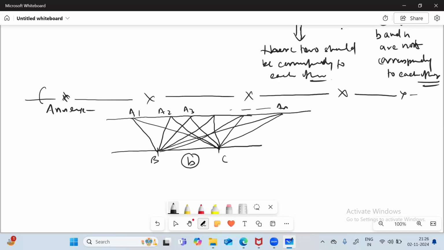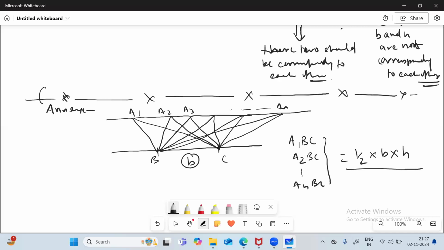All these triangles made between these two parallel lines with a common base will have the same area, which is half into base into height, because the base is common, and the height for all the triangles will be the same, which is the distance between these two parallel lines.